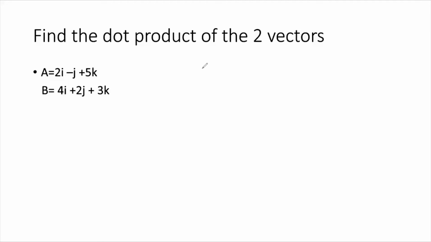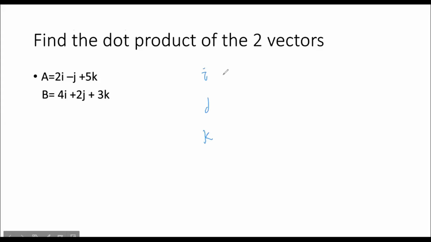The i, j, and k just represent the x-axis, the y-axis, and the z-axis. It just shows you a direction. So i represents the x-axis, j represents the y-axis, and k represents the z-axis.